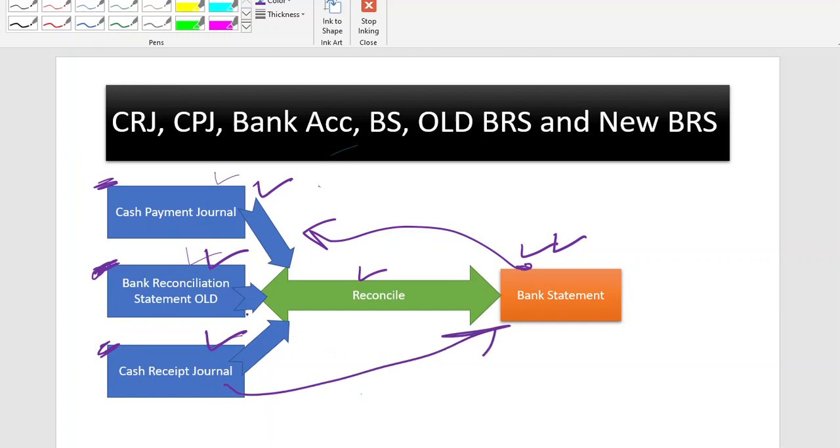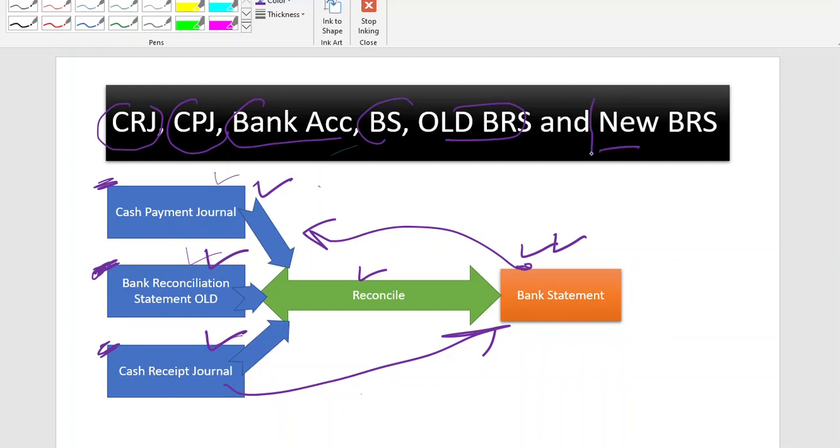So these things are very important to note, and you must also understand the difference between these terms: CRJ, CPJ, bank account, bank statement, old bank reconciliation, and new bank reconciliation.